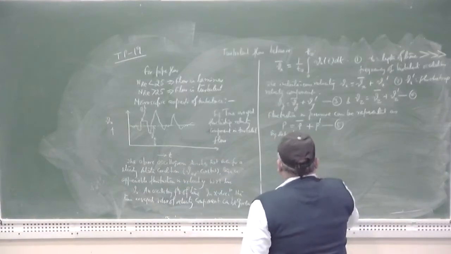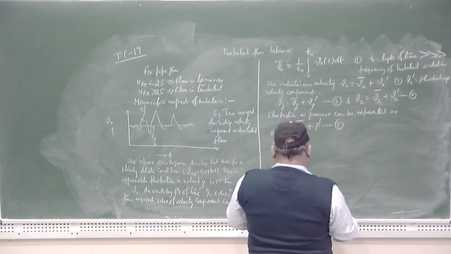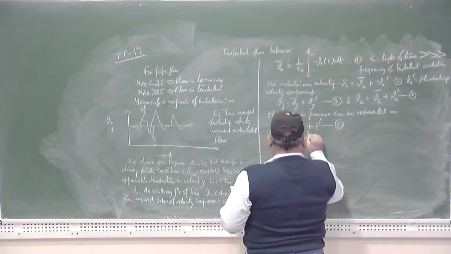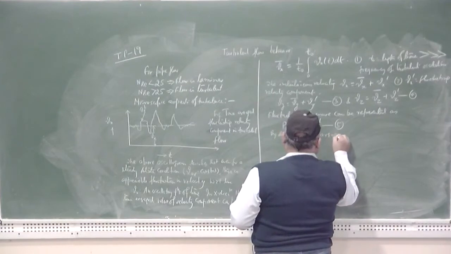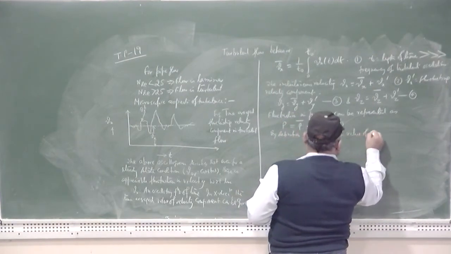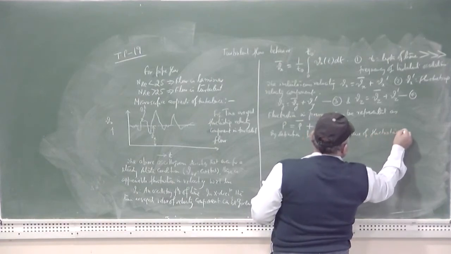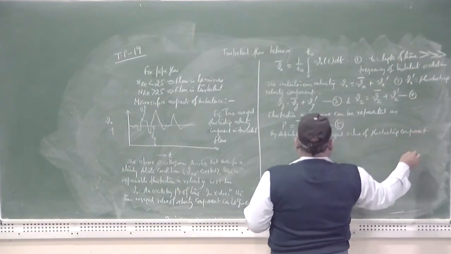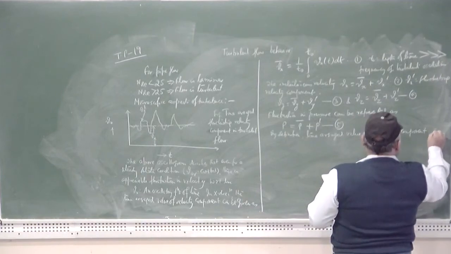So, by definition, the time average value of the fluctuating component, that is an approximation, is equal to 0.